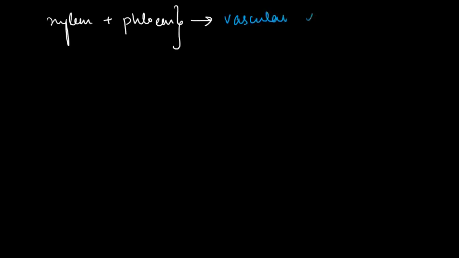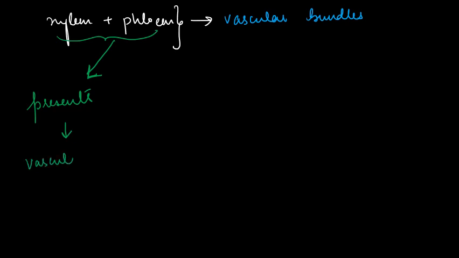Clear? Now let me tell you one thing: xylem and phloem together, we call it vascular bundles. On the basis of xylem and phloem, plants are divided into two types, right? If xylem and phloem are present, we call those plants vascular plants, right?